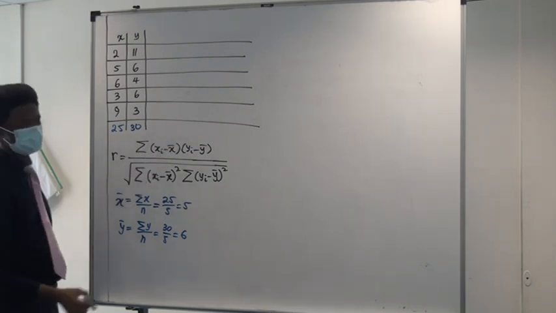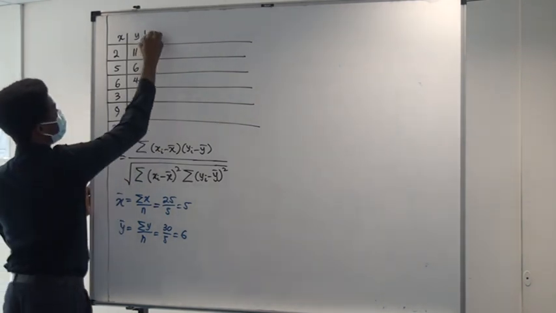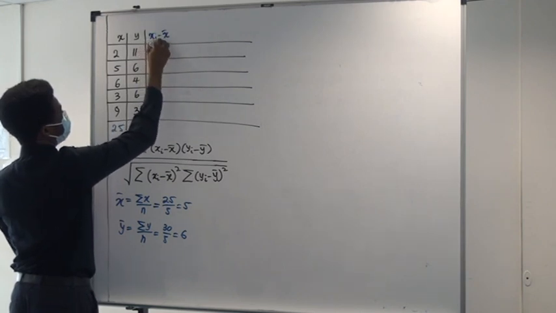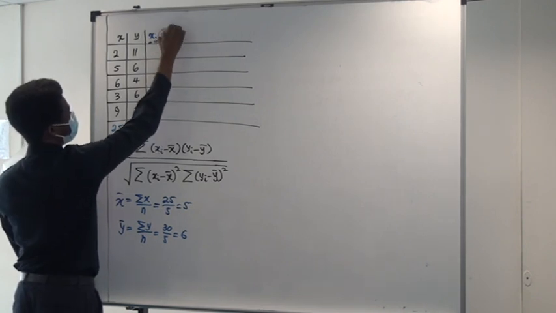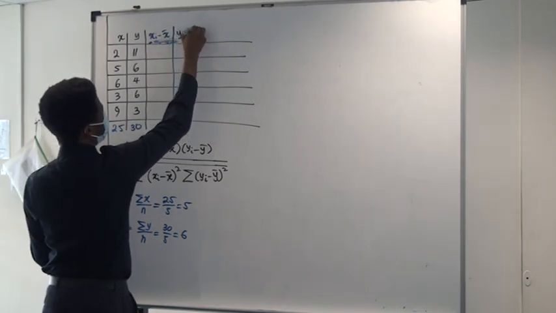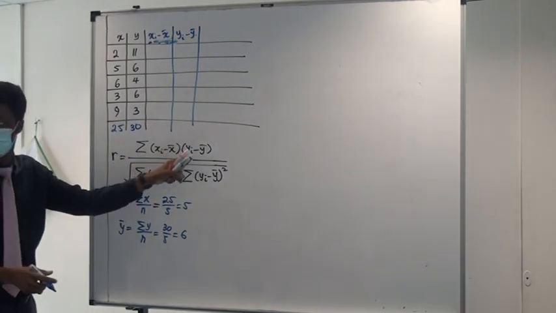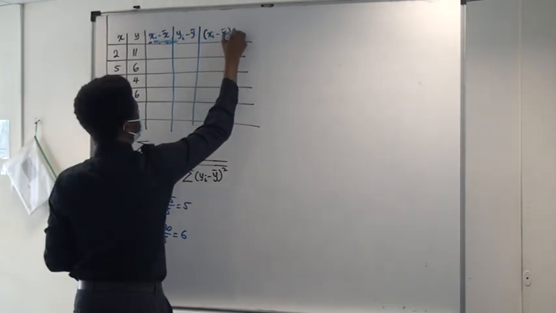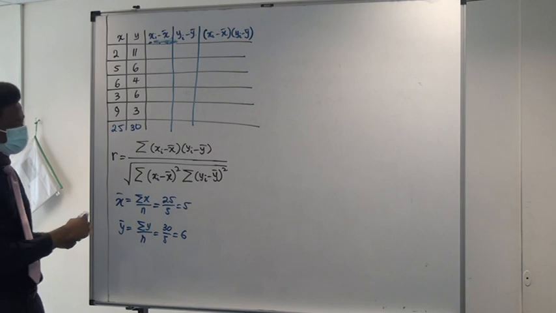So then we can start talking about this. I need the difference between each x and x bar, xi minus x bar, which is more or less xi minus 5. You don't need to show this. Just say it. Again, yi minus y bar. It means I need them multiplied. So I'm going to do xi minus x bar multiplying by yi minus y bar. Okay?